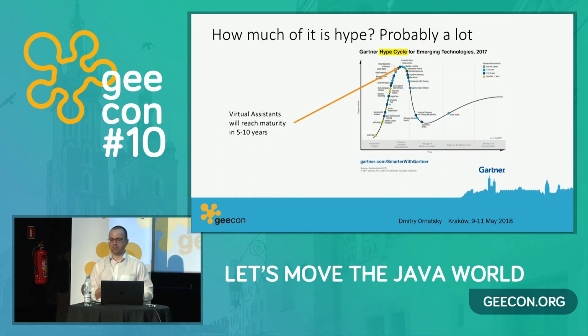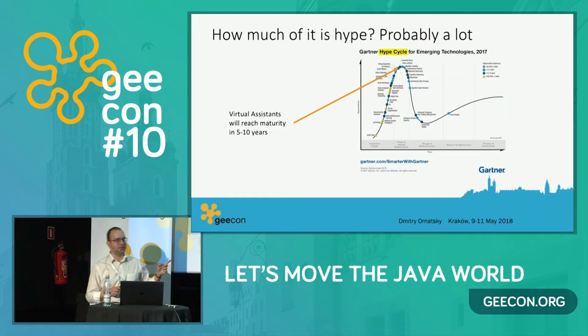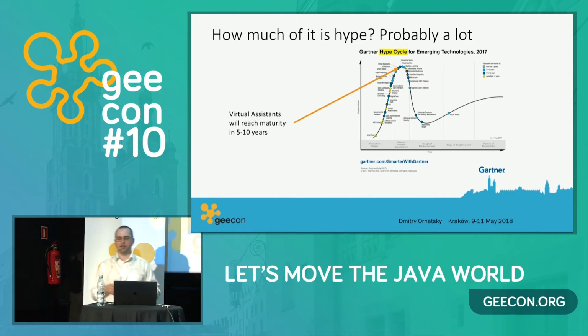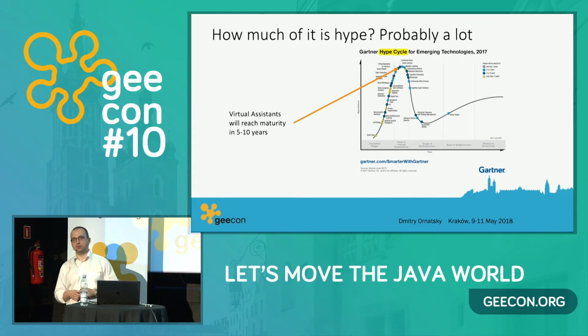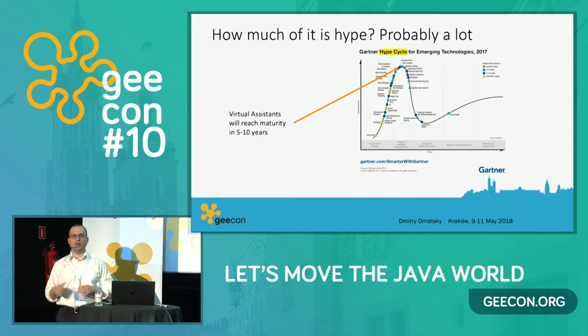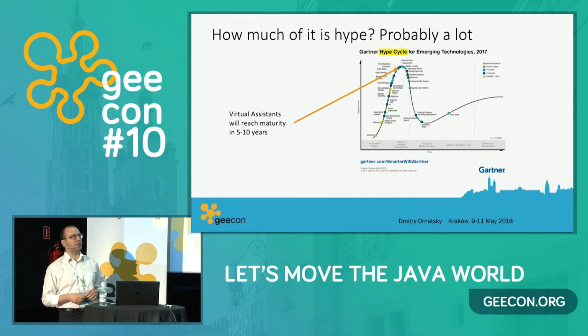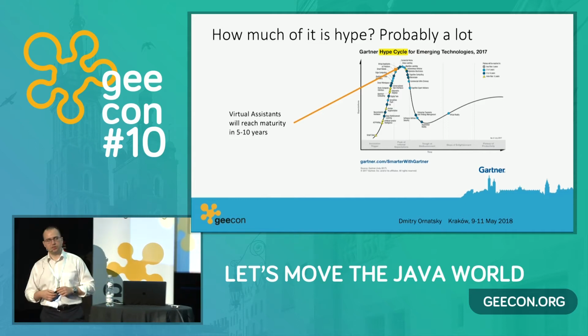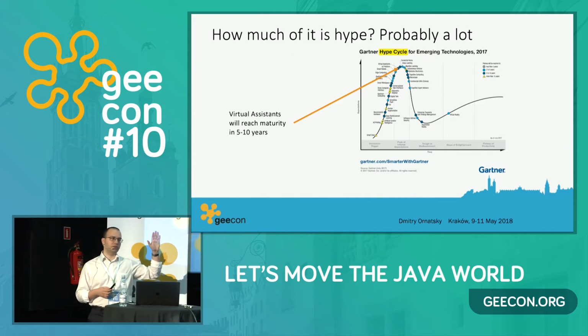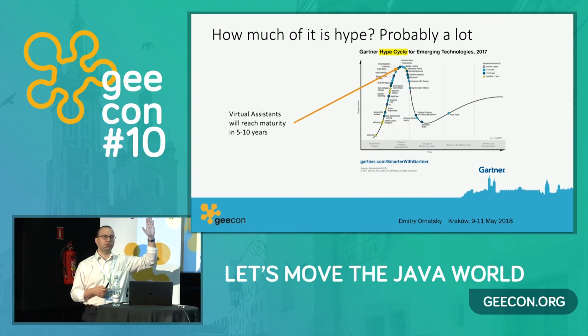So how much of it is hyped up? This chart you're seeing here comes from Gartner, and Gartner is this analytics company that profiles the industry, sees what's out there, what's new, what's becoming mainstream. Their impression, and it kind of matches my ad hoc observation, is that every new technology follows this curve where it's first hyped up to the point where it's talked about much more than it's actually used.